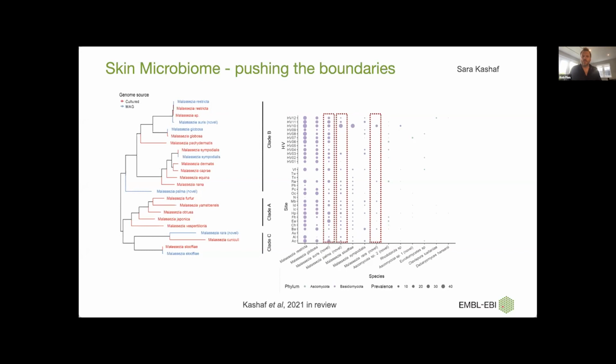The next novel genome is actually more restricted to certain individuals and is at lower abundance across different body sites. Whilst the final genome seems to be very specific to one individual and a handful of body sites. And this is really showing you that we can really start accessing the whole microbial component from a genomic perspective.